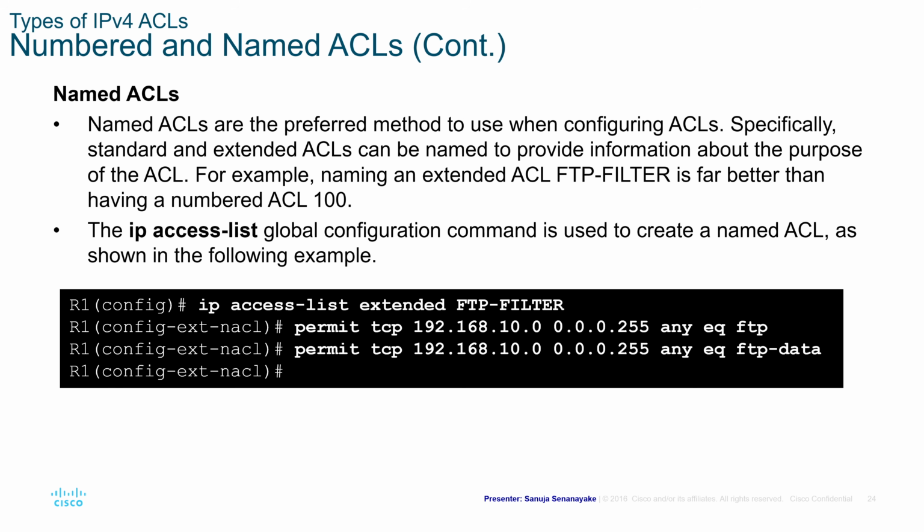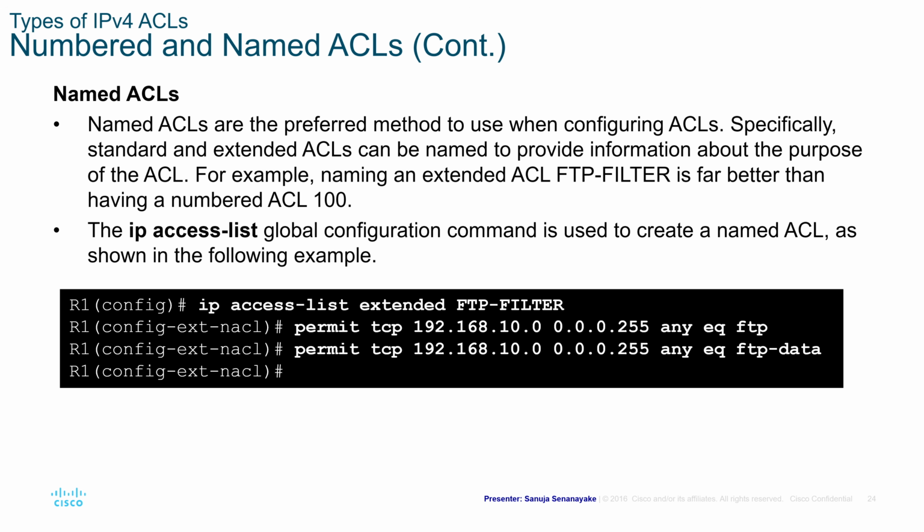There's also a type of access list called the named ACLs. Named ACLs are the preferred method to use when configuring ACLs. Specifically, standard and extended ACLs can be named to provide information about the purpose of the ACL. For example, naming an extended ACL FTP-filter is far better than having a numbered ACL 100.